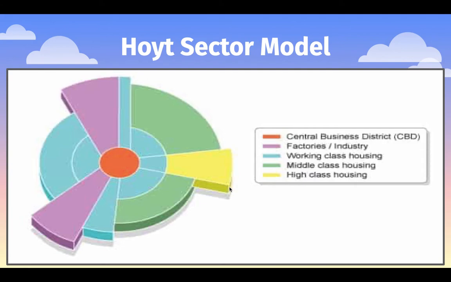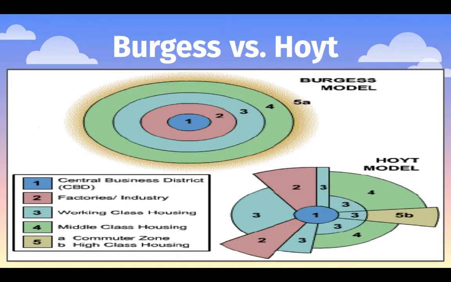And what this represents is high income, sometimes an exurb area, right? Farther away from the central business district. So Hoyt's model is taking into account some of the things that we've actually already discussed in this class as it relates to urban development closer to the 21st century, closer to where we are today.